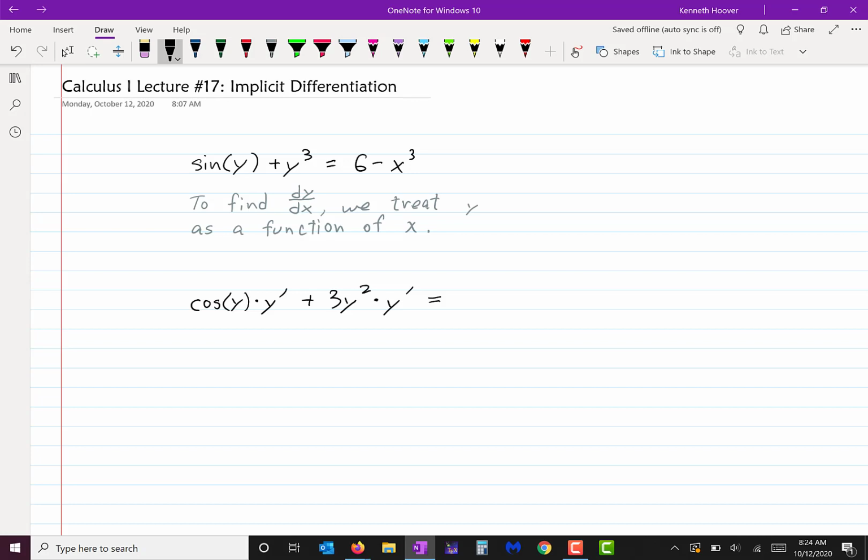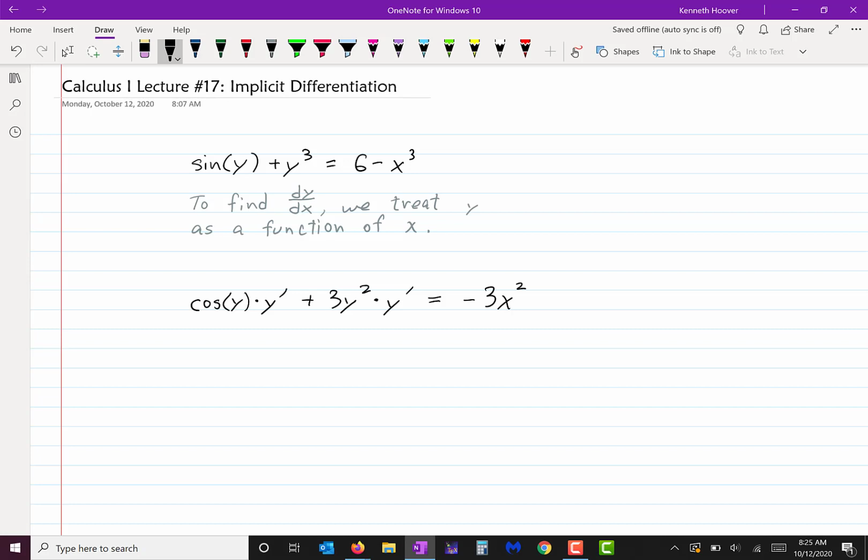So what's the derivative of negative x cubed? It is negative 3x squared. And then again, do I need to multiply times x prime? No, I don't, but I can if I want, because x prime would just be 1, and I would get negative 3x squared times 1, which is negative 3x squared.